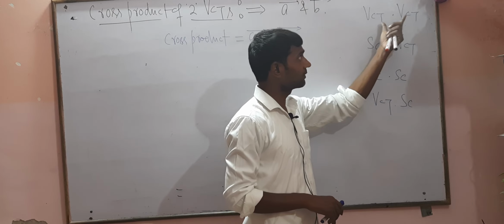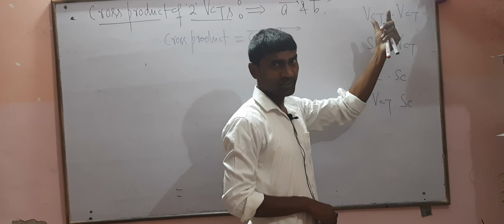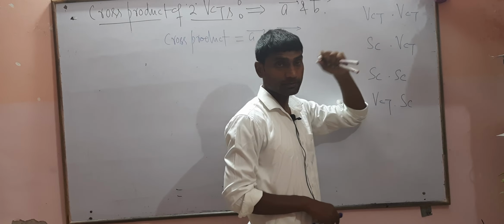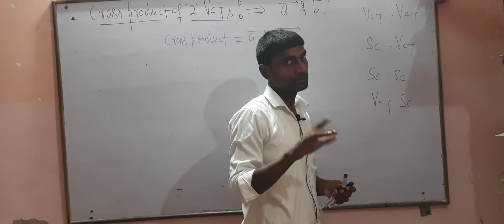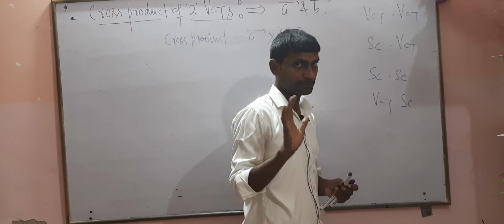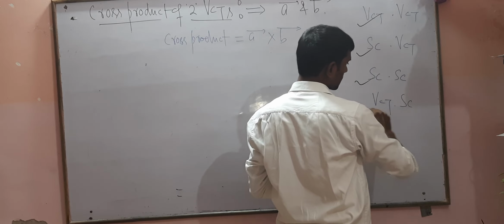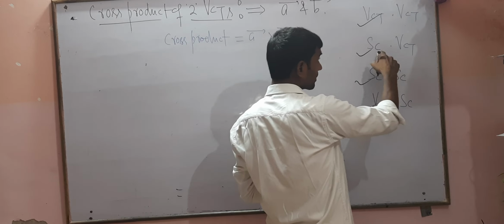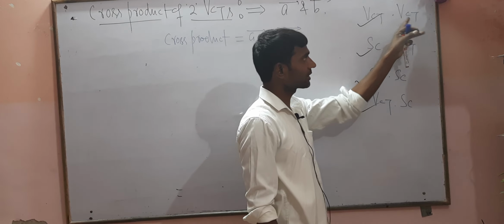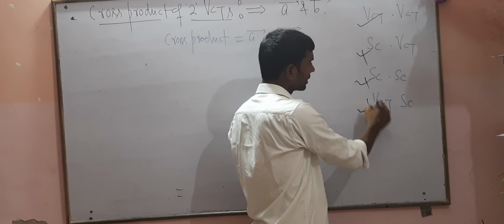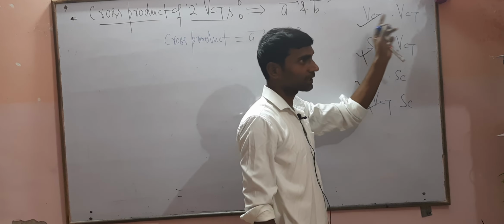If vectors are given, then the dot product exists. Both quantities must be vector quantities: the first must be a vector and the second must be a vector quantity. Then that product, dot product or cross product, will exist. So this one is correct, and the others are incorrect, because both must be vector quantities. The first one is correct, because the first is a vector and the second is a vector.